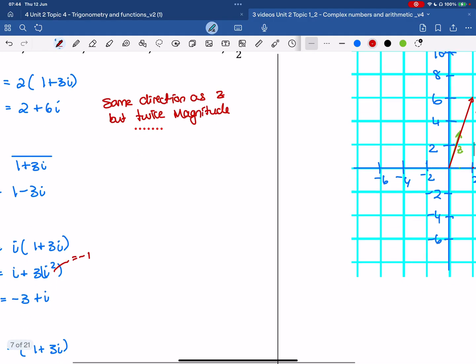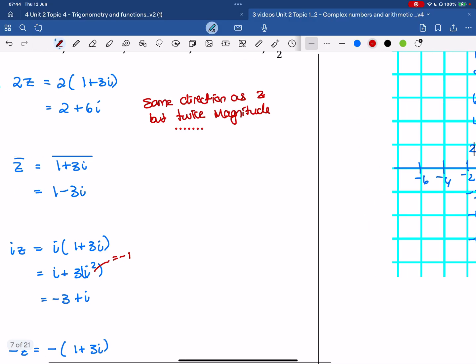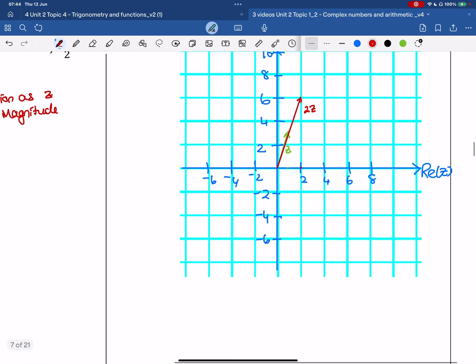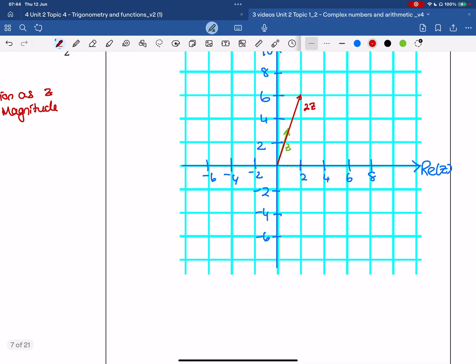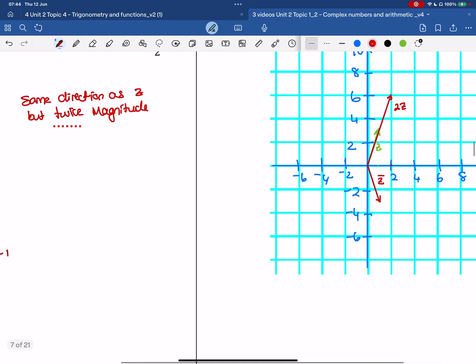Okay, let's look at the complex conjugate of z. So that's 1 minus 3i. So that means I'm going to go positive 1 and minus 3. So my conjugate of z is going in the negative direction for my imaginary axis.